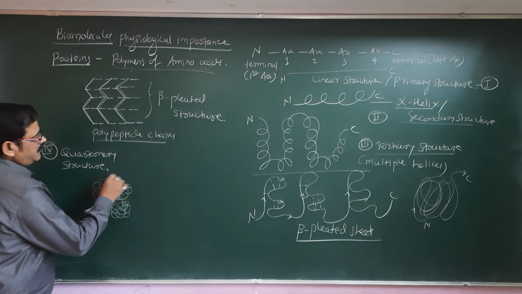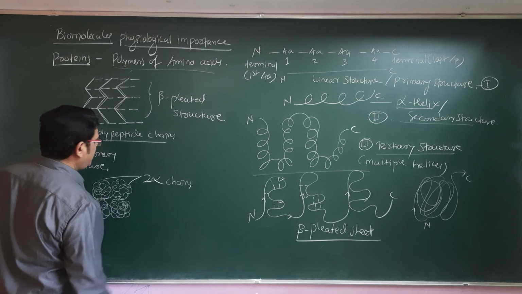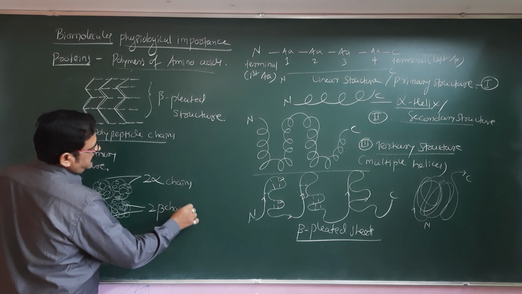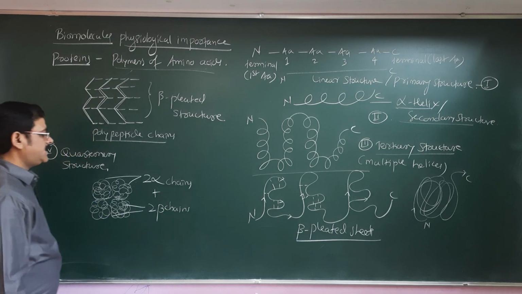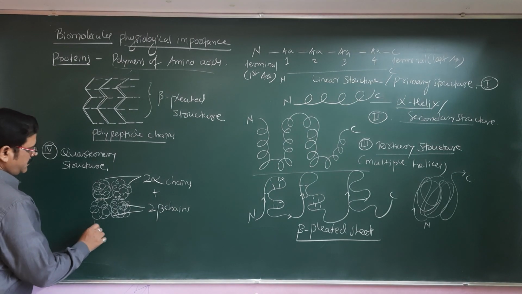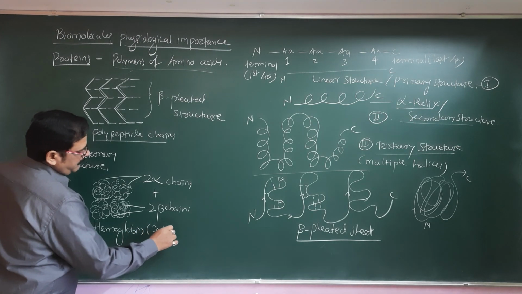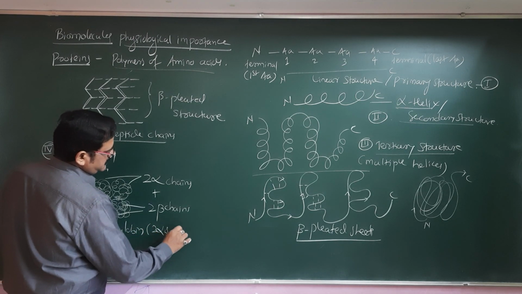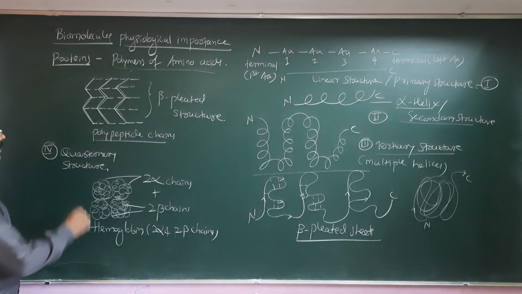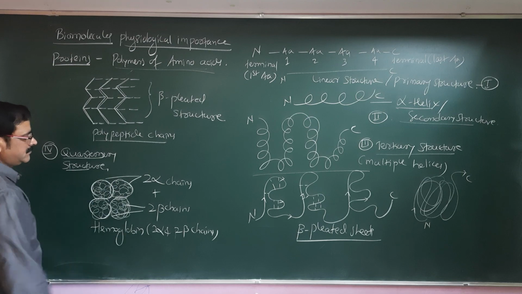These are 2 alpha chains and 2 beta chains with much more complexity. So 2 alpha and 2 beta chains, totally 4 chains, is the structure of hemoglobin. It is called the quaternary structure, where subunits are combined.